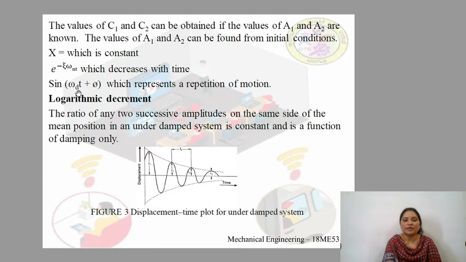Here X is a constant term, e to the power of minus zeta omega n t will decrease with time, and sin of omega d t plus phi represents the repetition of motion. That is about the underdamped system.